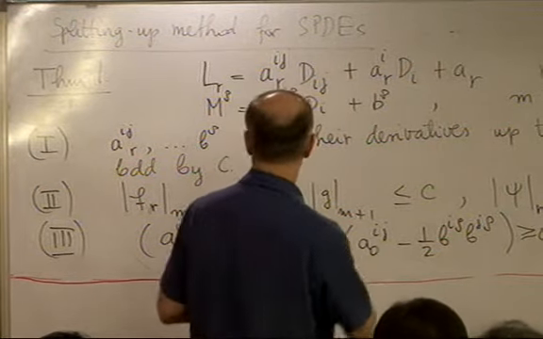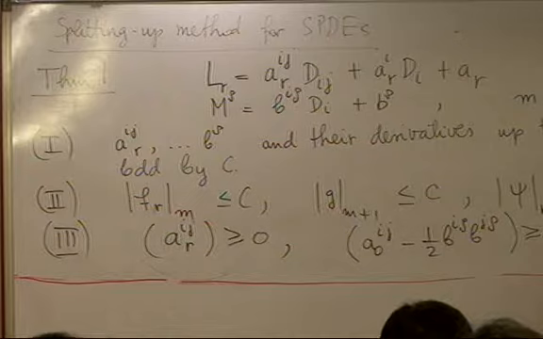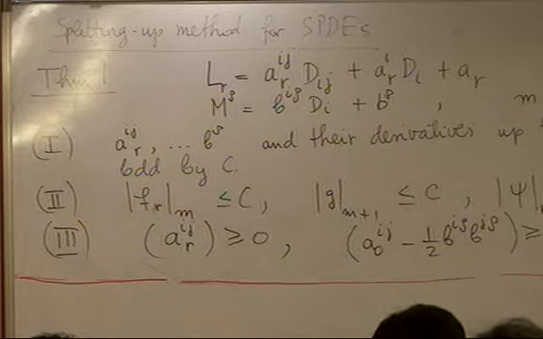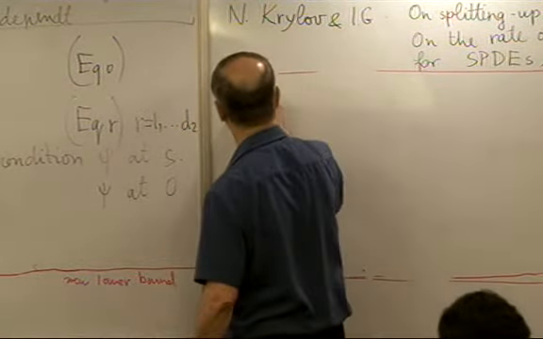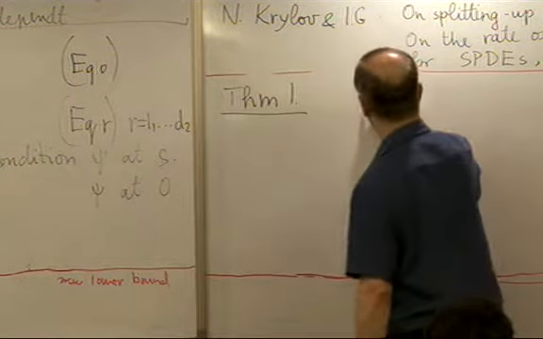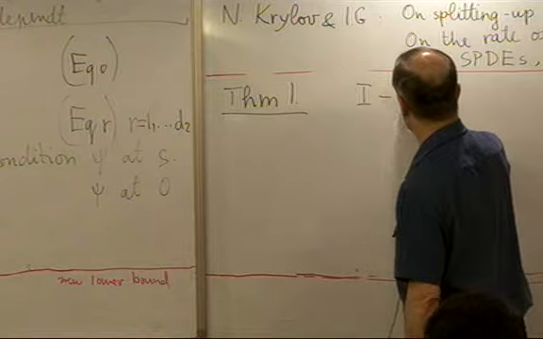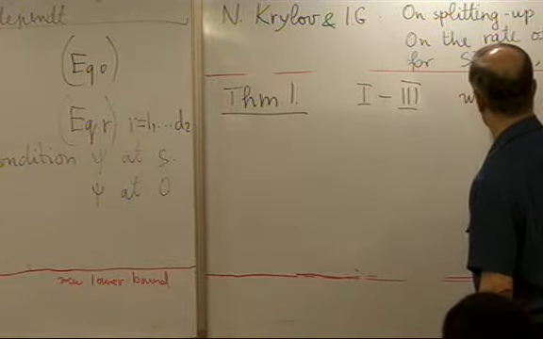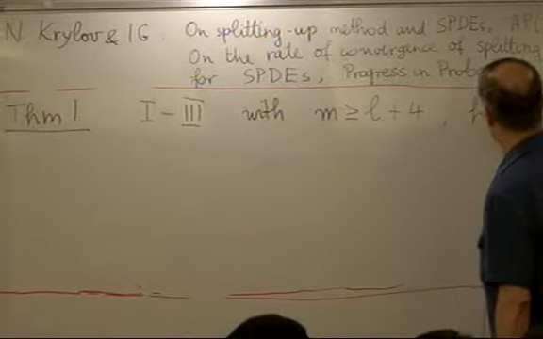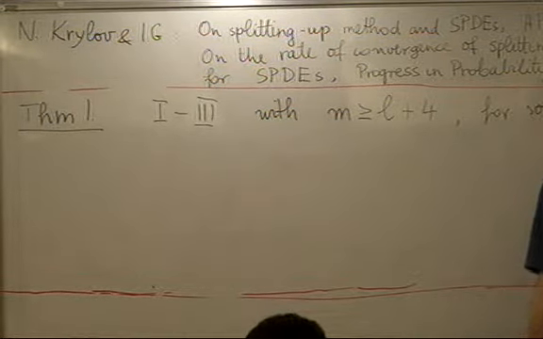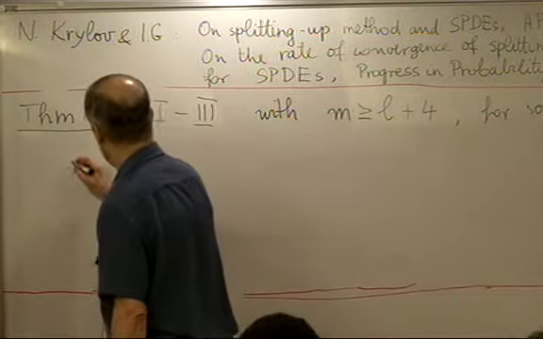So all right, these are the assumptions, and then the theorem says, so again Theorem 1 says that if we have assumptions 1, 2, 3 with m greater than or equal to a fixed L, an integer, plus 4, for some non-negative integer L, then we have the following estimates.